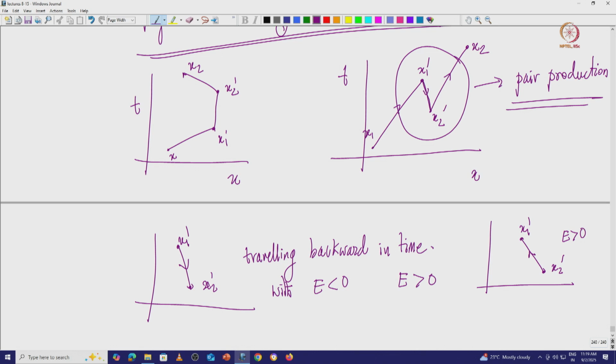So if you shift the sign, instead of traveling from A to B, if you go from B to A, this will be equivalent to saying that the antiparticle is traveling backward, positive, forward in time essentially. Particles are traveling forward in time, antiparticles are traveling backward in time.